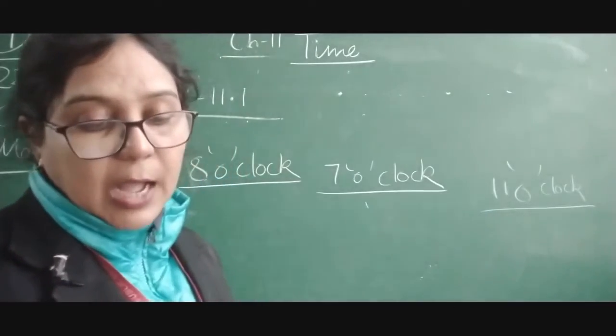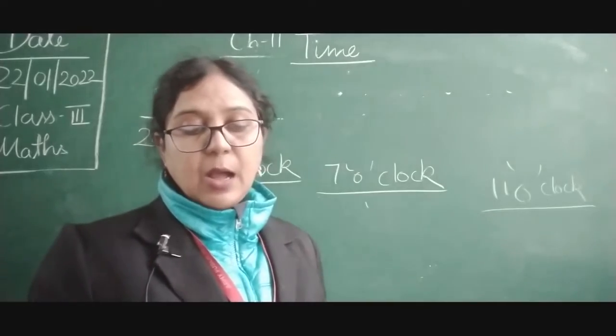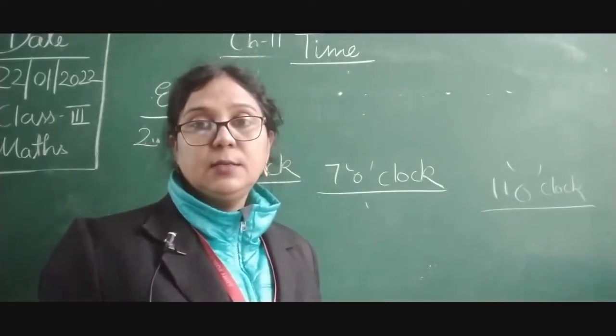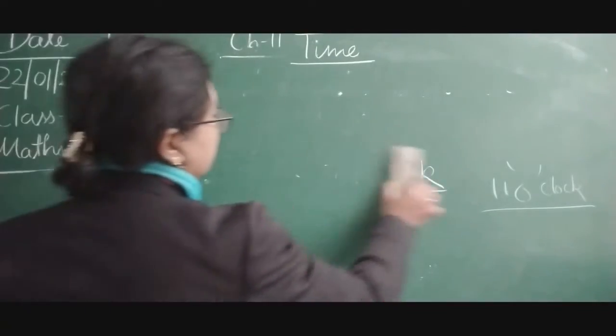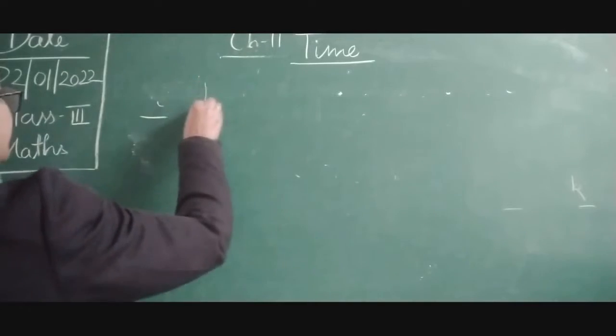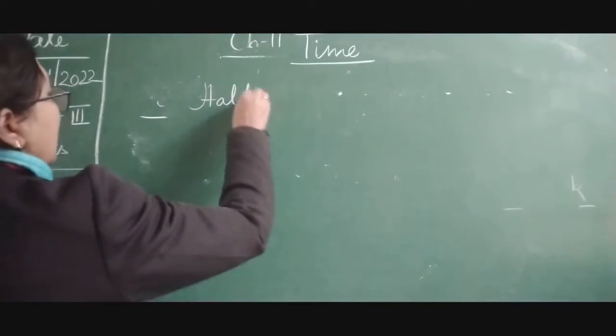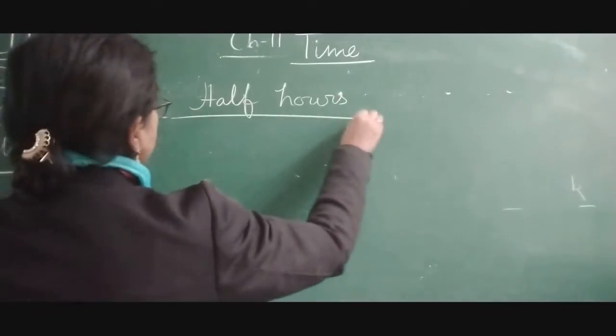Now after that we will see reading time in half hours and quarter hours. अब हमें reading time करना पड़ेगा half hours and quarter hours. First of all we will see half hours.